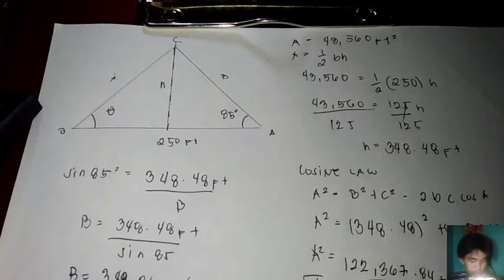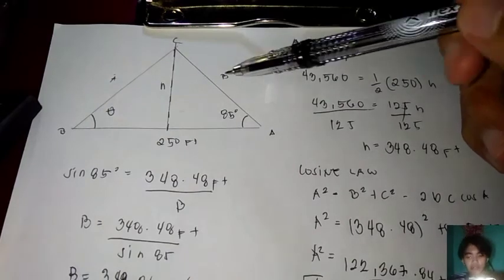If the fence begins at a point on one boundary 250 feet from the corner of the property, and runs in a straight line to the other boundary, what angle does it make with the boundary lines, and how long is it?